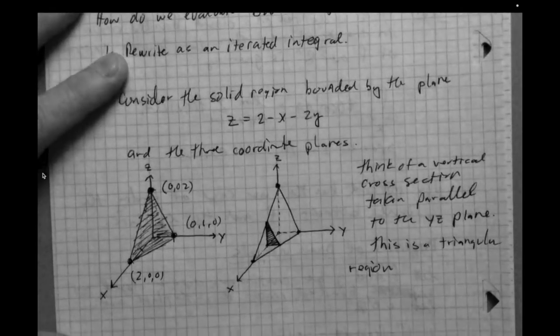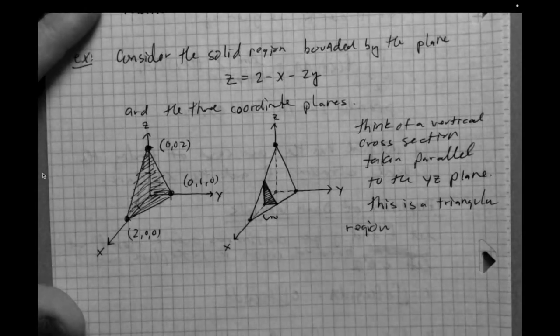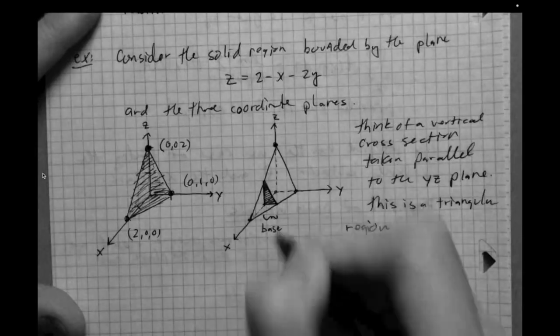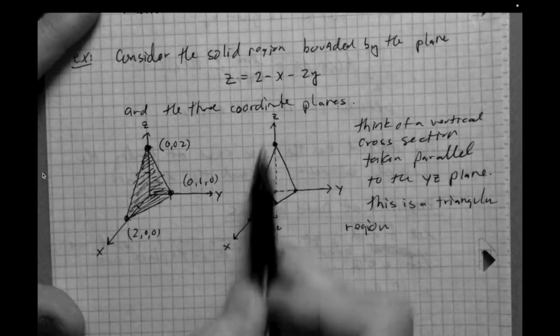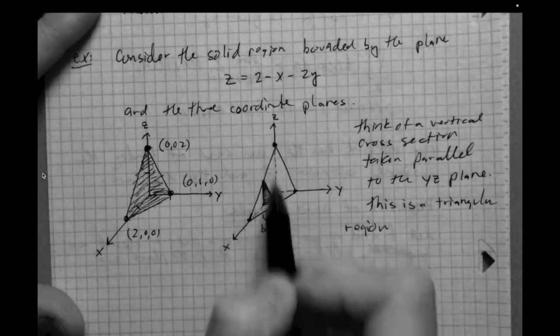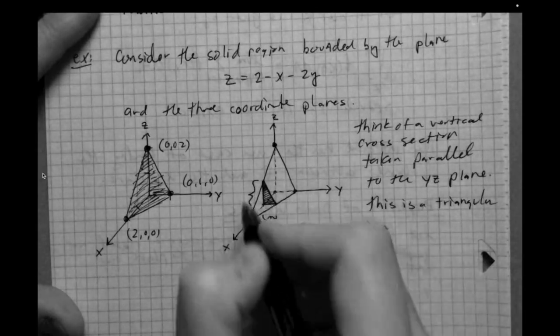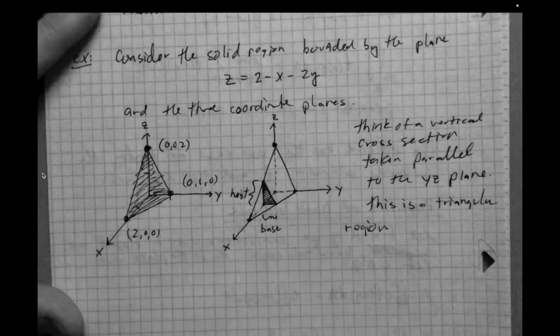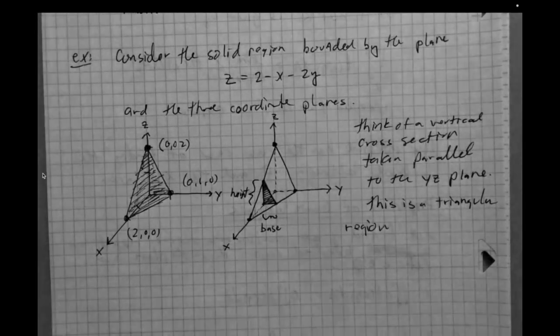And this triangular region is going to have a base length right down here. And it's going to have a height. Now the height is going to be basically dictated by this edge here, right? Because you can see how it's set up. The height is always going to be this back wall of it. Okay. So you're going to have a base and you're going to have a height.